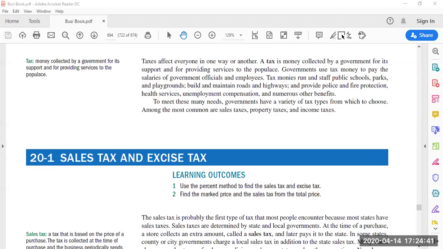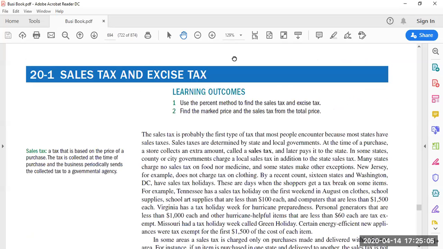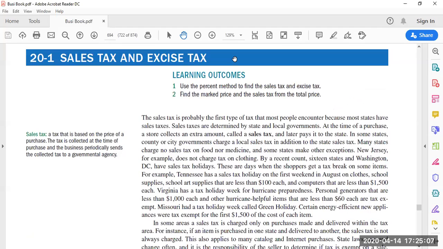There are many different types of taxes, but a tax is money collected for the purpose of providing services. When we think of sales tax and excise tax, we are talking about monies being collected by the government or the local municipalities to provide services for that particular municipality, city government, or state government.